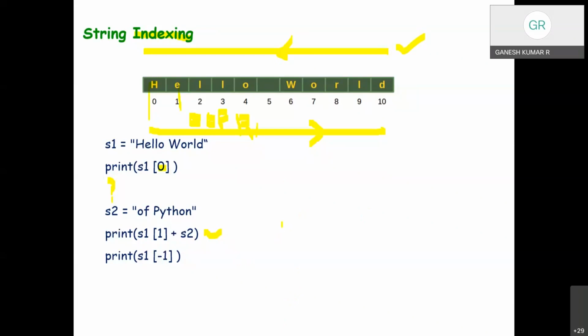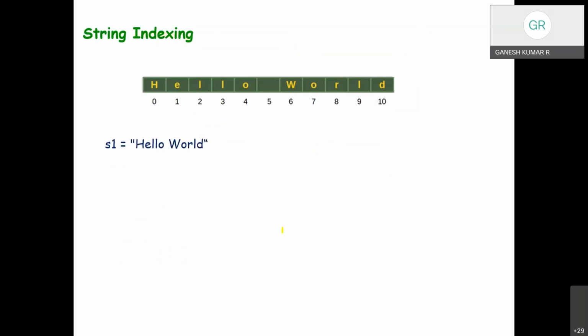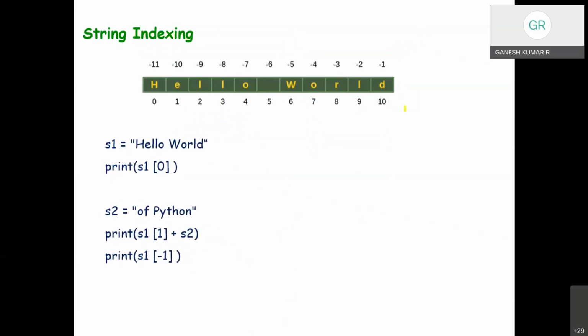The accessing starts from minus 1 occupying the rightmost location, and it will be decremented in the order -1, -2, -3, -4, -5, and so on till the leftmost position is represented. So S1 of -1 represents D.